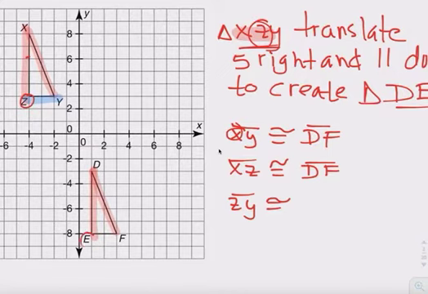Z corresponds to E, so we need to write E first, EF.